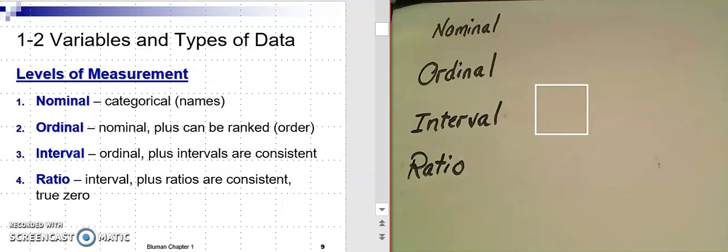Now, nominal is defined here as being categorical names.